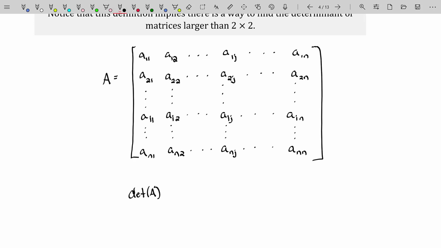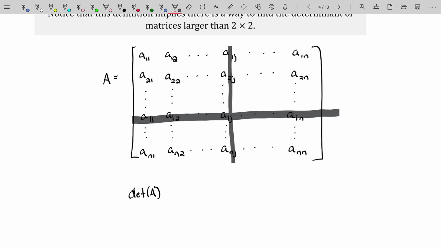However, what if we don't want the determinant of the entire matrix A, but instead the matrix obtained by canceling out, or in other words, ignoring the ith row and the jth column? If you cancel the ith row out and the jth column out, you will still have a square matrix. It will have one less row and one less column. So instead of being an n by n matrix, there'll be an n minus 1 by n minus 1 matrix, but you can compute the determinant of that new matrix.